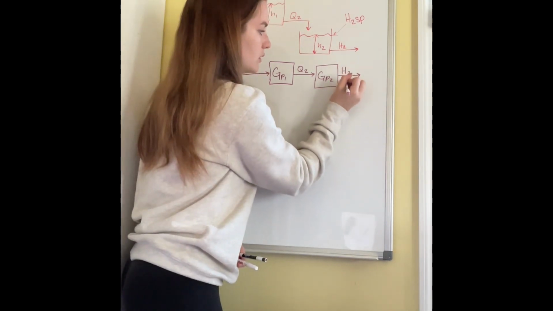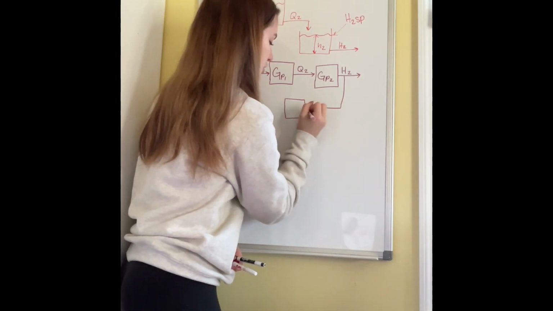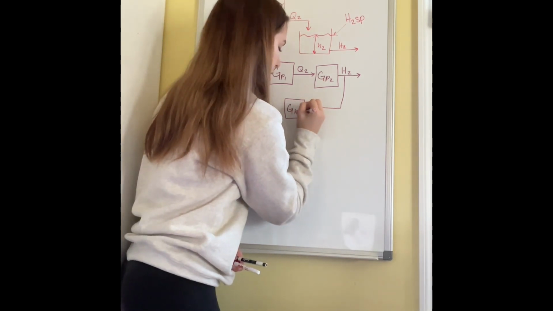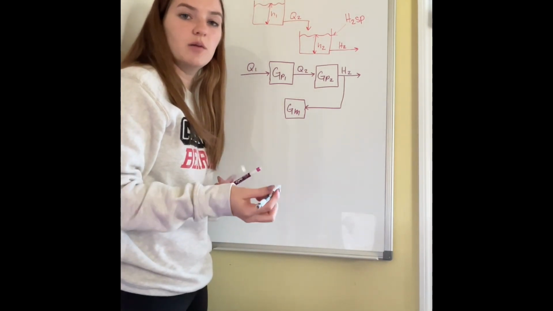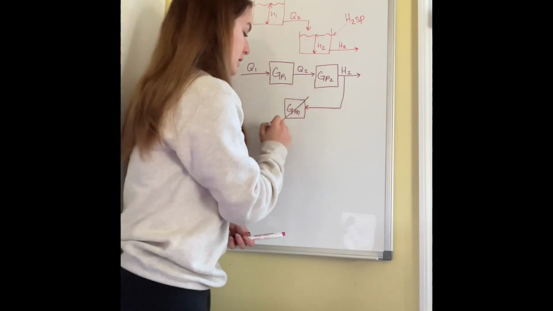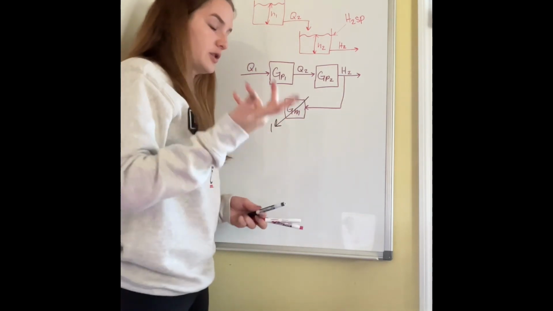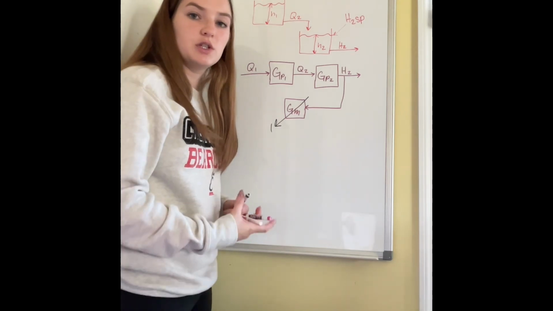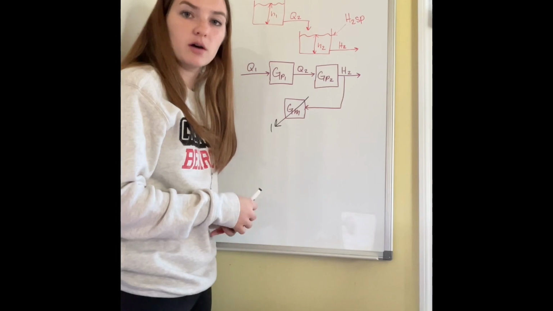And then we also know that we have a measurement device, which we can call GM. But in our specific problem, we are just saying that our GM is equal to 1. So we don't necessarily have to worry about this right now since our transfer function is just 1. So we're just going to multiply the value of 1, so we're still going to have the same product.